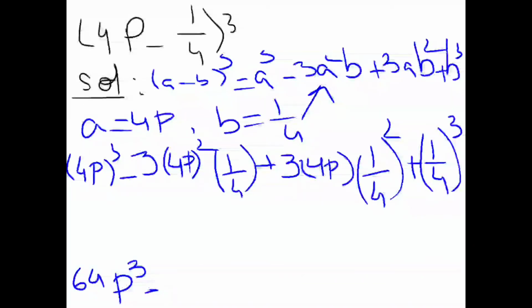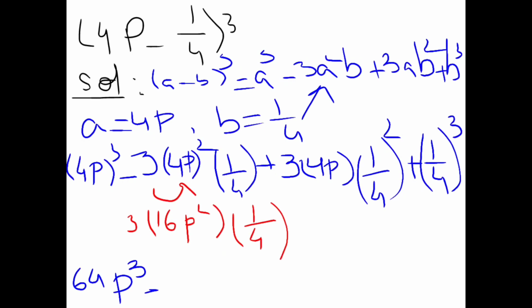Okay. Now on the other side, then minus 3 multiplied by 4p square. 4p square means 16p square and then 1 upon 4. Okay. So as this 16p square, we can cancel this 16 with the denominator 4.